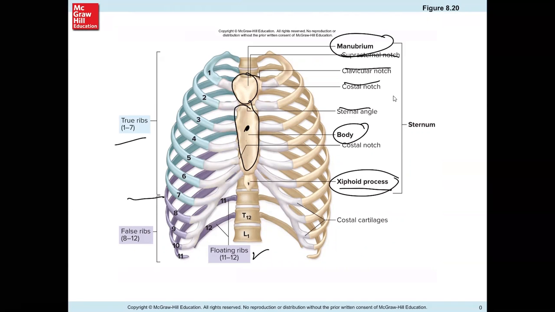So 1 through 7 are the true ribs, and they are going to attach. This is called costal cartilage, which we've talked about. The costal cartilage is going to connect the ribs to the sternum. 1 through 7 are considered true because the costal cartilage goes from the sternum to the rib.